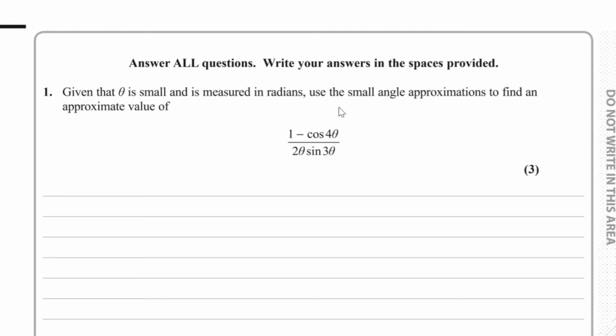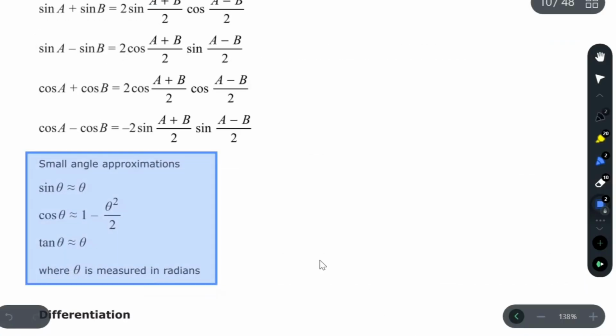Now, when we come to use the small angle approximations, if we go to the formula book, we'll find here that for theta in radians, sine theta is approximately equal to theta, and cos theta is approximately equal to 1 minus theta squared over 2.